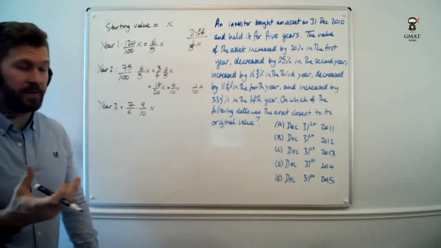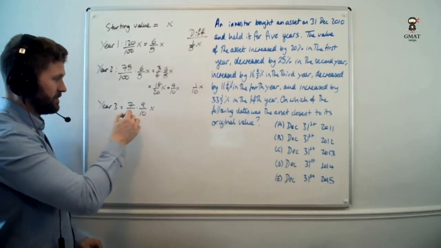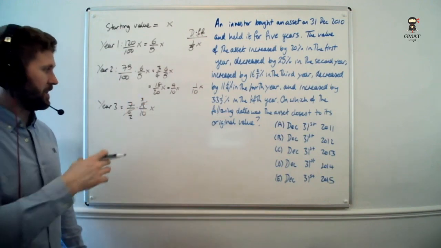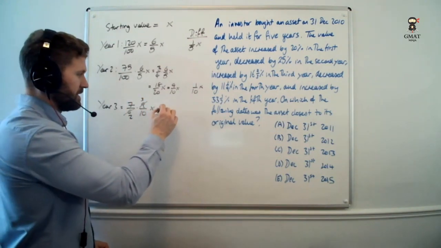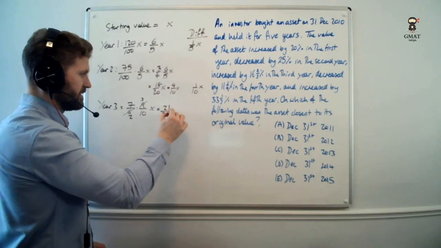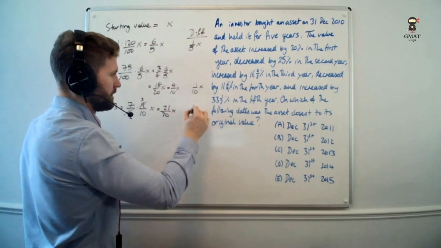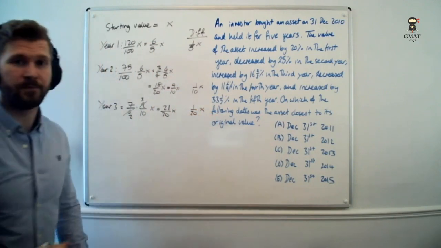Now, the numbers are going to get pretty nasty here unless I start cancelling some things. Well, I can cancel this 3 on the 9 and the 6, and that will mean that this will end up being 21/20 times x. And so the difference between this value and the original is going to be 1/20 of x.